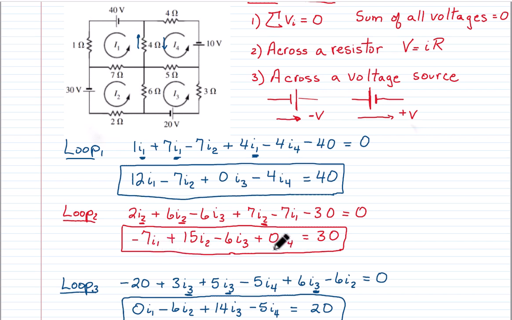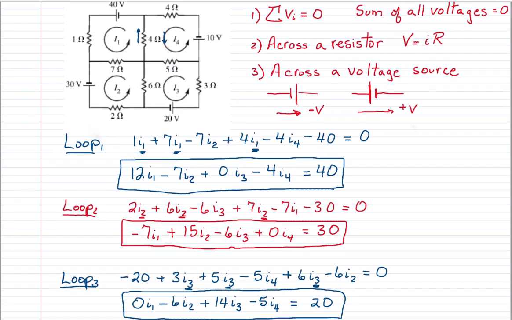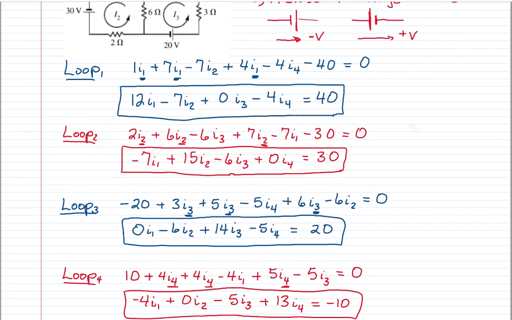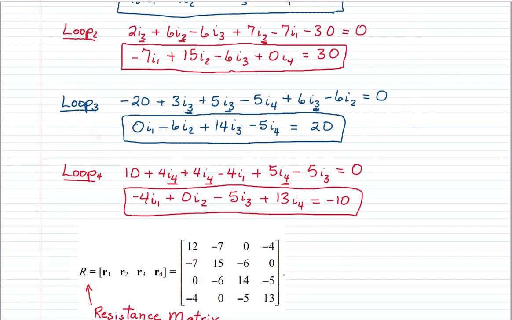Anything not present would be a 0, and so I did that for all 4 loops. All right, and you can see the work there, and I want to see that in your project as well.